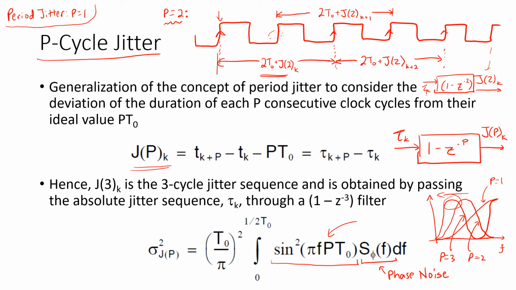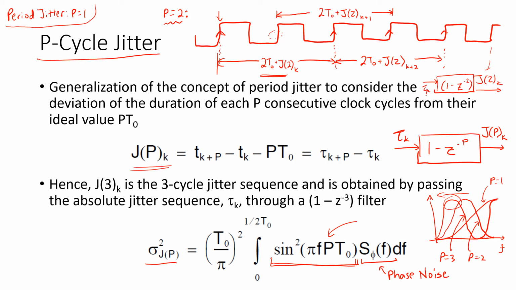Even quite low frequency parts of the phase noise will show up if you wait 1,000 cycles. So it's not surprising that when we take the integral of phase noise to find the P-cycle jitter with P equals 1,000, we're capturing some of that low frequency phase noise inside this jitter filter here.